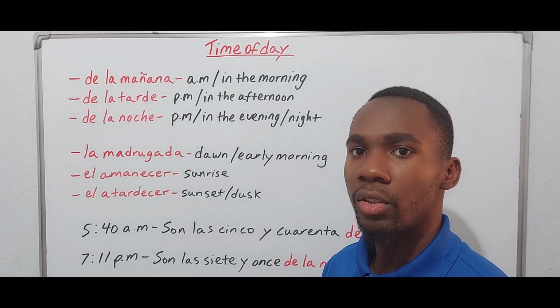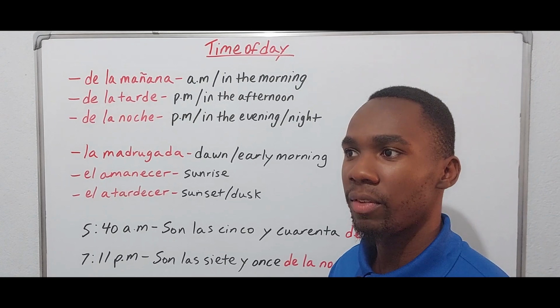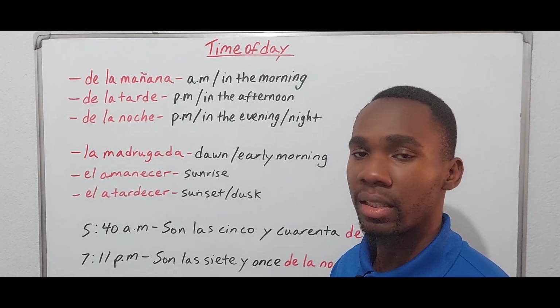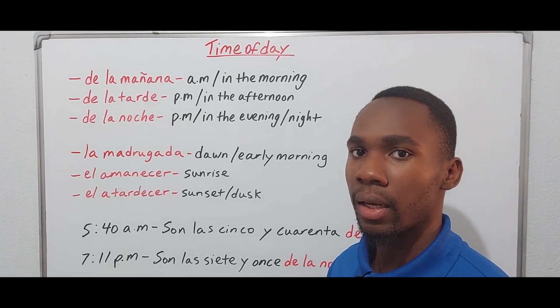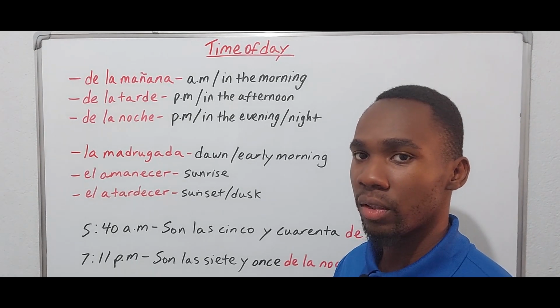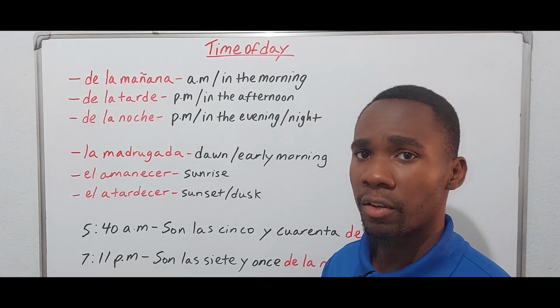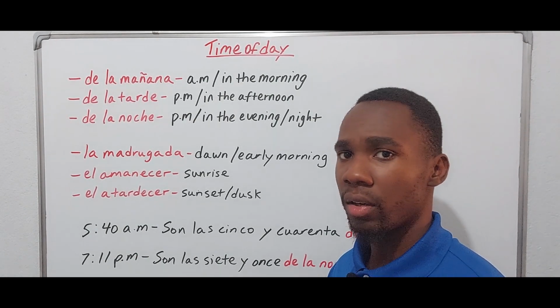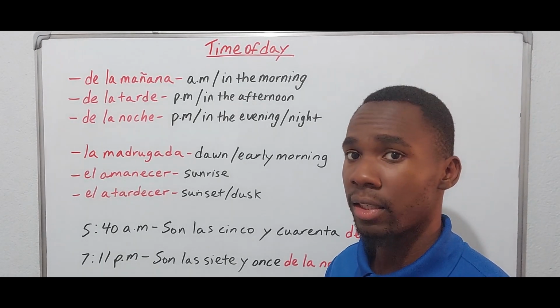So we move on to time of day. As you know, generally there are two times of day, morning and night, or day and night rather. But of course there are in-betweens and whatnot. And we're going to look at the different times of day, because if I say it is 5 o'clock, 5 o'clock could be in the morning or 5 o'clock could be in the evening. So we need to know how to make that clear, okay?